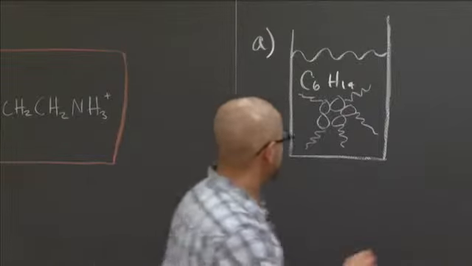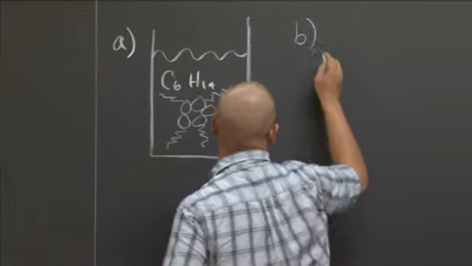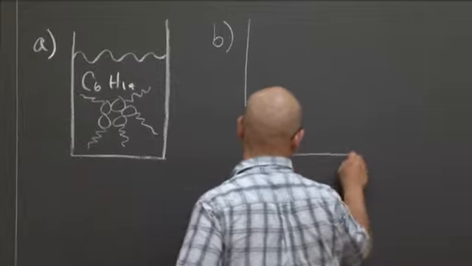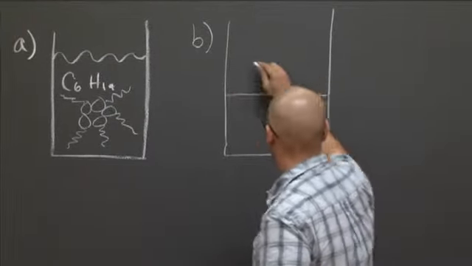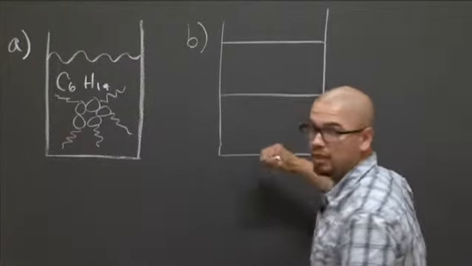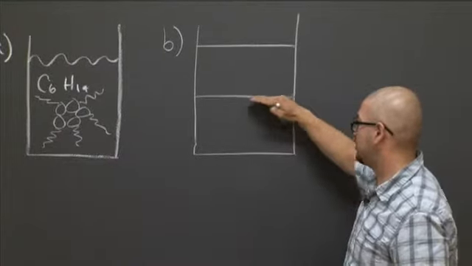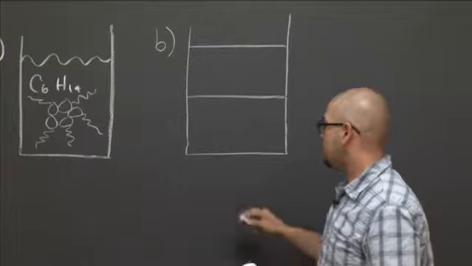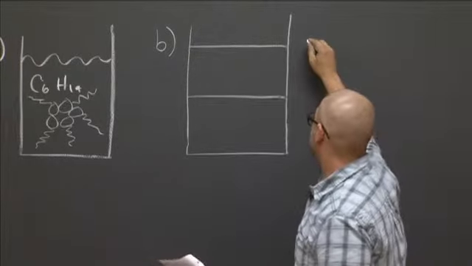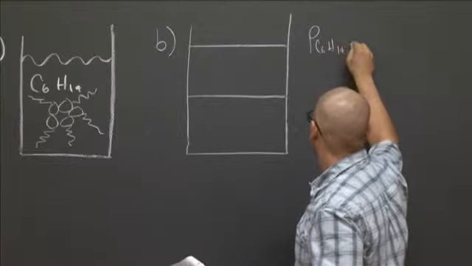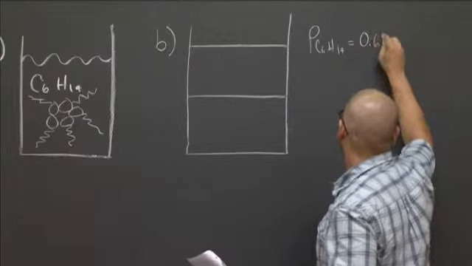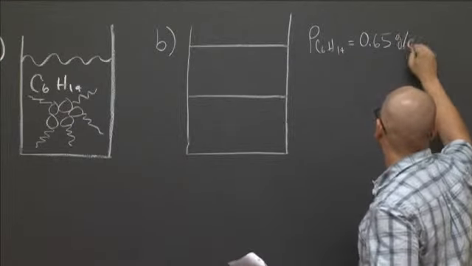So if I go ahead and draw my beaker again for part B, I mix my components, so now I have two components that are separated by an immiscible boundary. And I know that the density of hexane is given by 0.65 grams per centimeter cubed.